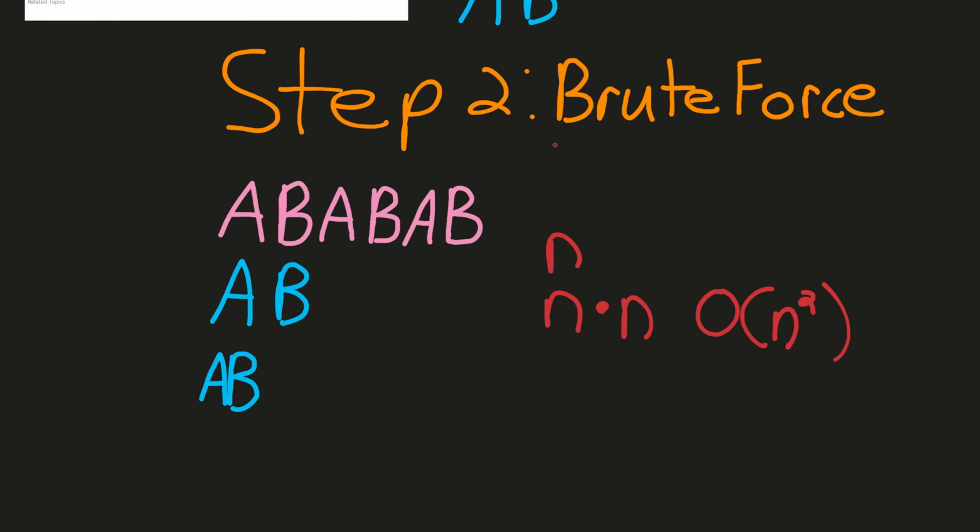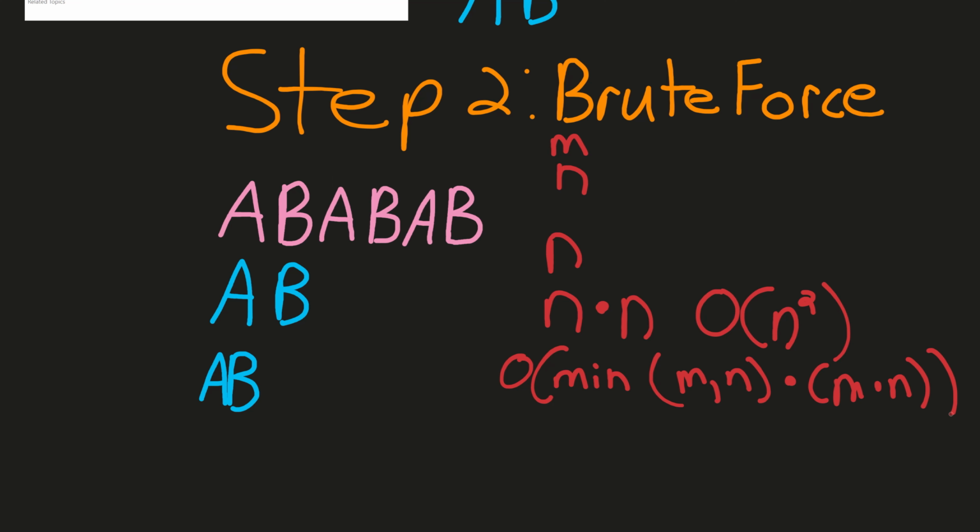Now, technically, if we called the length of the longer string m and the length of the smaller string n, it's actually just going to be O of the minimum of m and n, whichever is the smaller string, because you're only checking every possible letter on the smaller string, and then it's going to be times n because you have to do it for all of the top string. So this is more technically the correct runtime, but you could probably get away with just saying it's n squared.